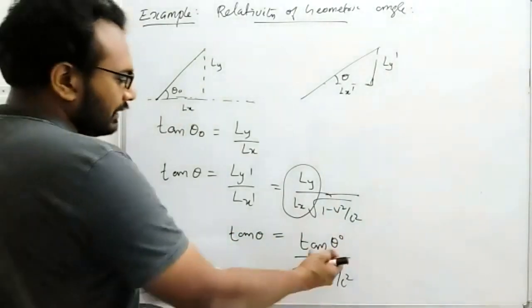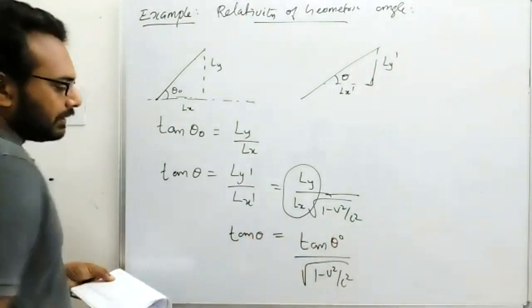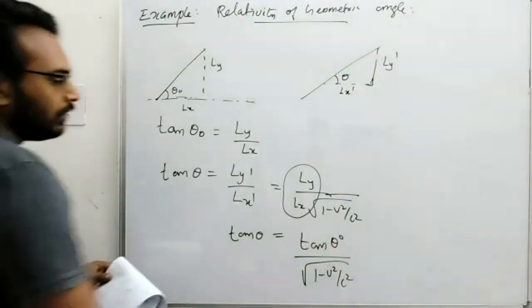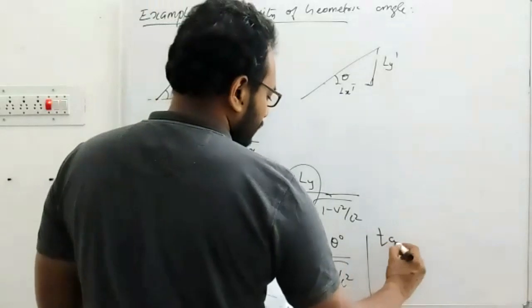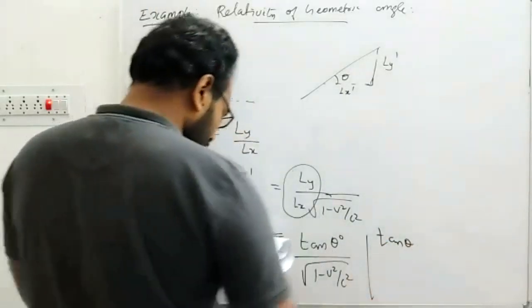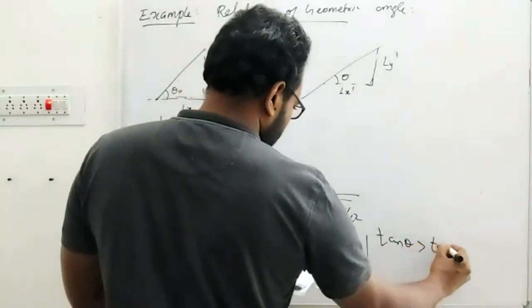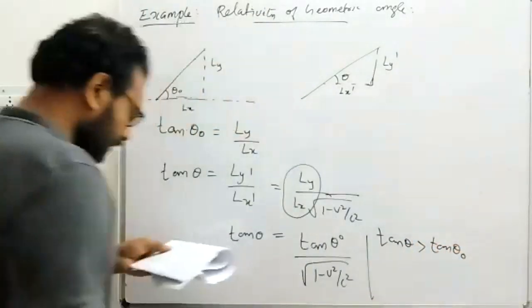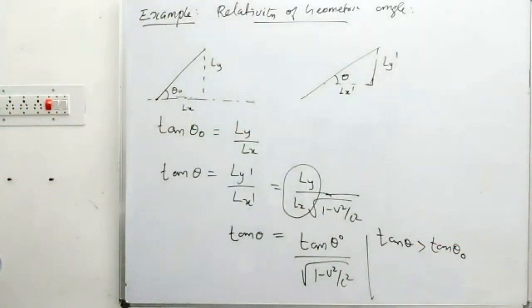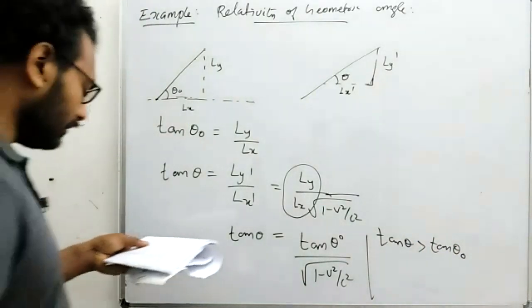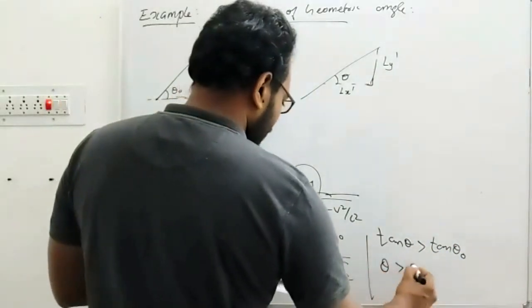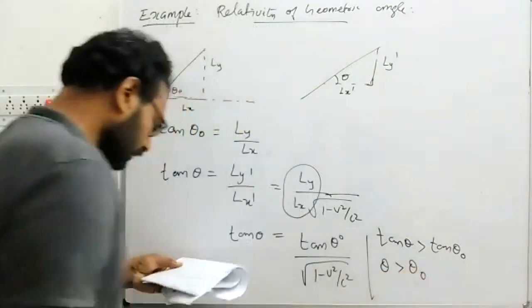Or you say tan theta 0 is equal to tan theta multiplied by square root of 1 minus v square by c square, which means that tan theta is greater than tan theta 0. So the angle increases, or we can say that theta is greater than theta 0.